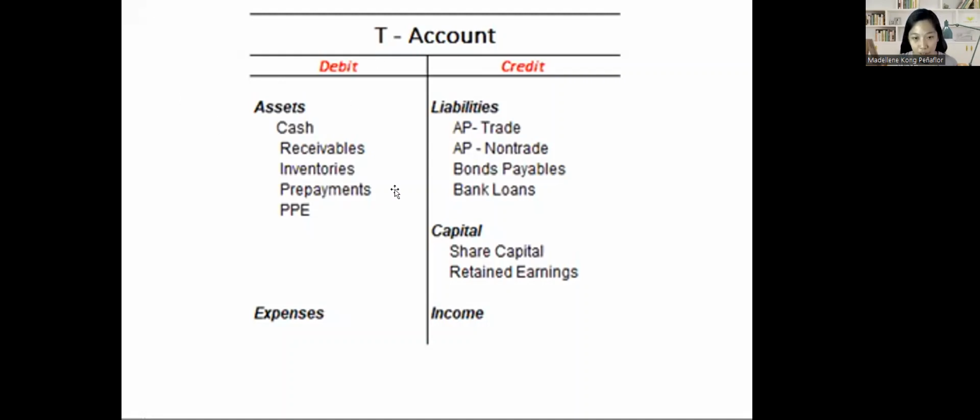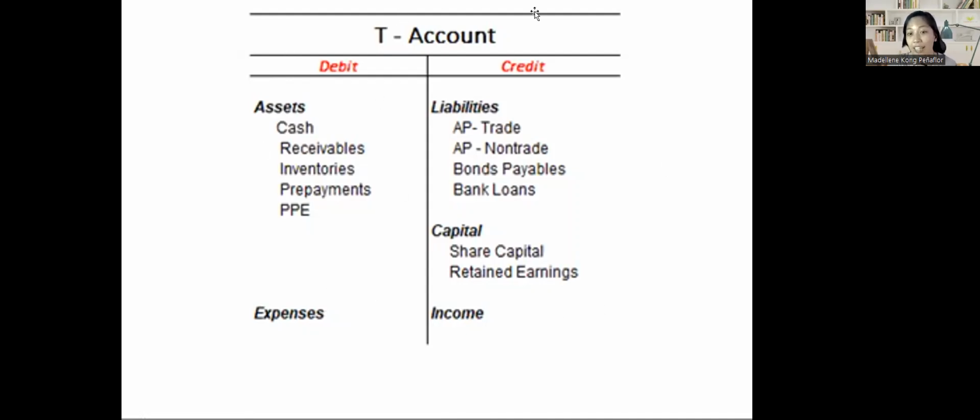So this diagram shows the normal accounting balance of every account in accounting. Here on the debit side, you can see that we have the assets, and examples of assets are cash, receivables, inventories, prepayments, and PPEs. Another account with a normal debit balance is the expenses.